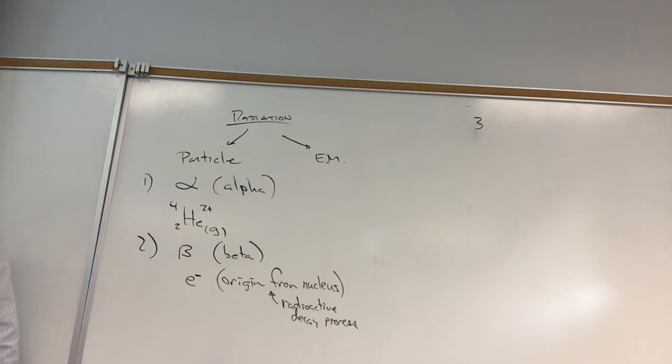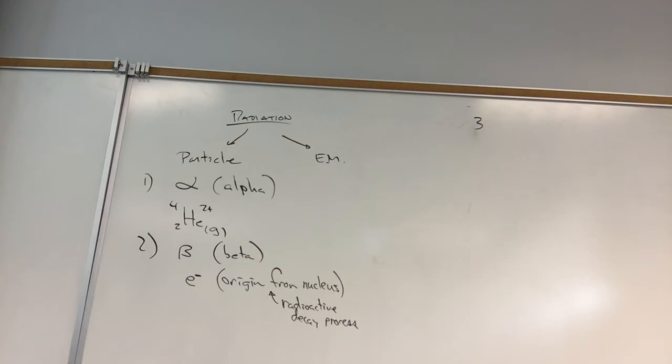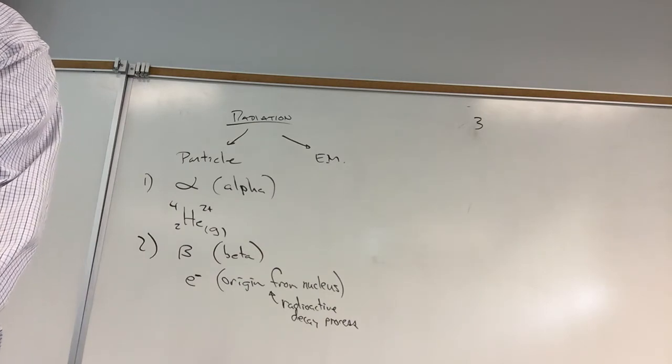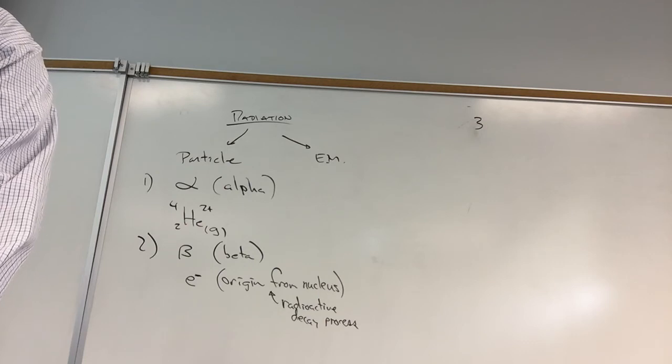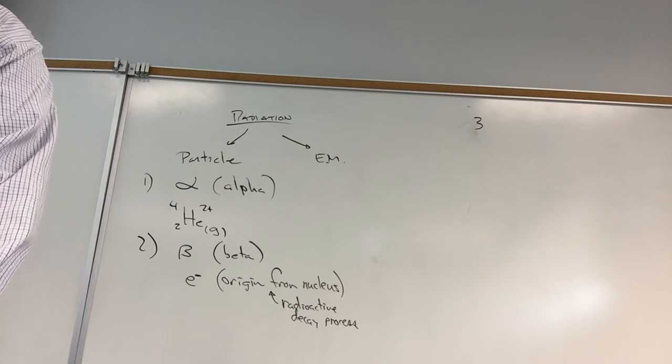But you could be deceived because of the shielding. You know what's required to shield you from alpha particles? If you want to protect yourself from alpha radiation, what do you need? You need a lead jacket, you say? No, you don't need a lead jacket.